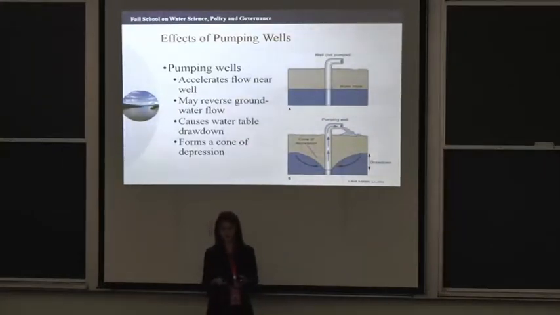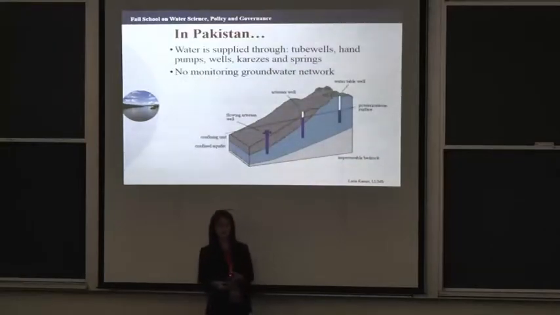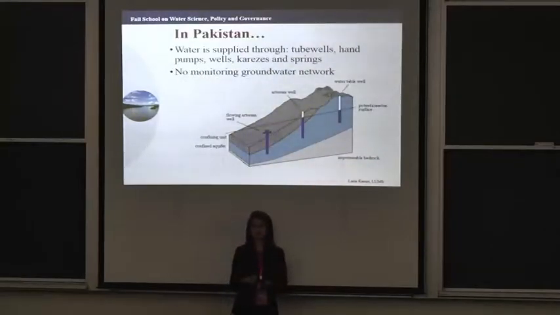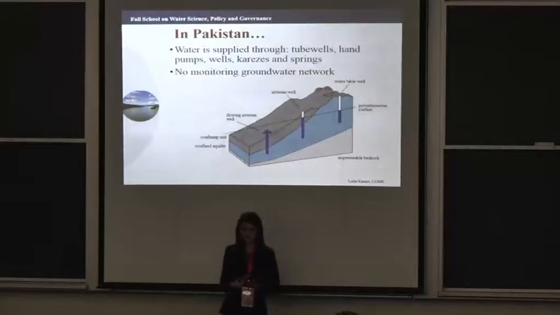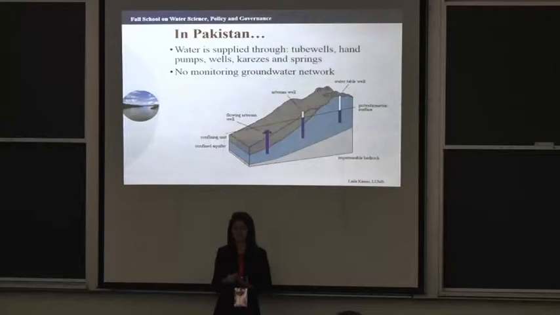In Pakistan, the situation is even more complex because we don't just have wells. We have tubewells, we have hand pumps, we have terrace systems, and we have springs. So we have multiple sources of groundwater that we can take water out of. And to understand how they are all connected, nobody has really done an extensive study.